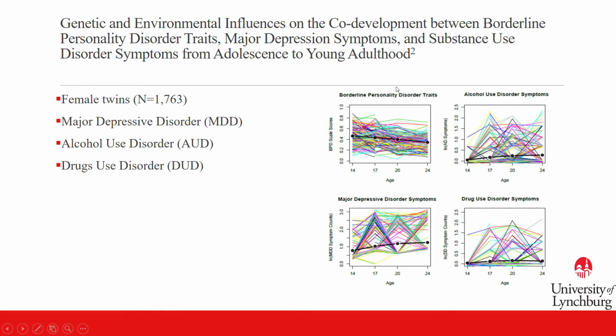So the common genetic traits between the twins also contribute to the association between these. The take-home message for this one was that these genetic dispositions could be related to major depressive disorder, alcohol use disorder, and drug use disorder.